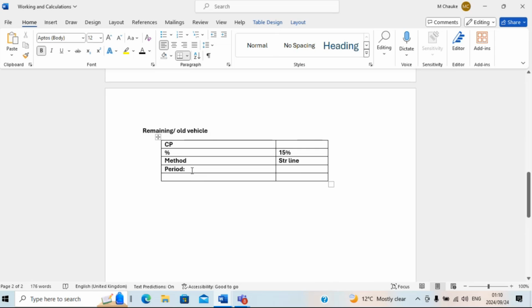That means we are only calculating depreciation for the current year, from the 1st of March 2013 till 28 February 2014, which is the whole current year, right?